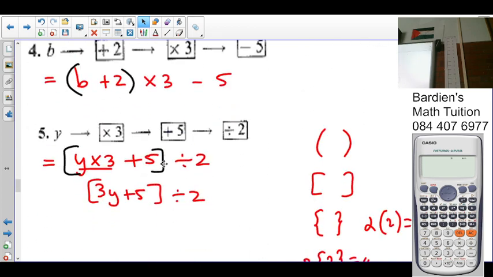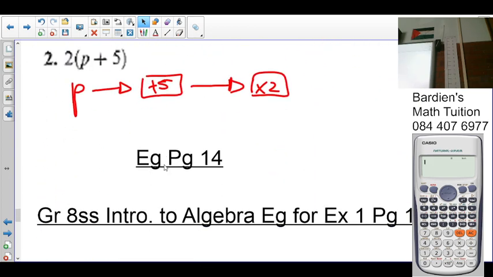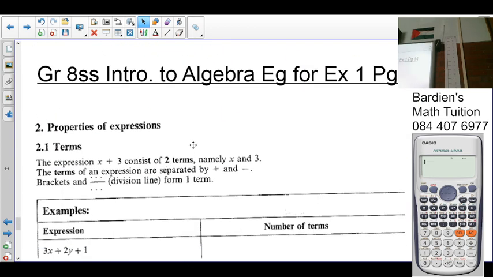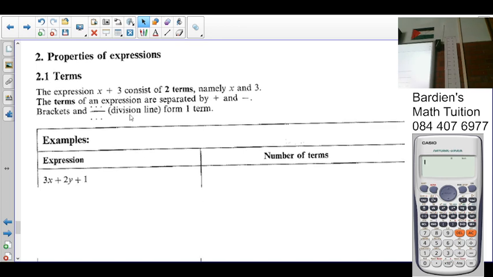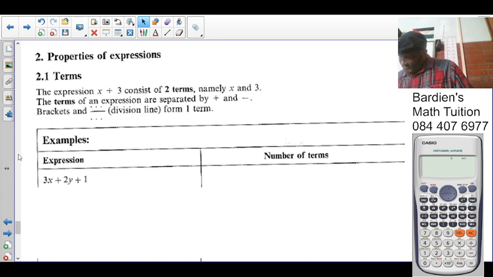So now we're going to look at algebraic expressions. The properties of expressions. Alright? Let's get the reference to this quickly. Properties of expressions.